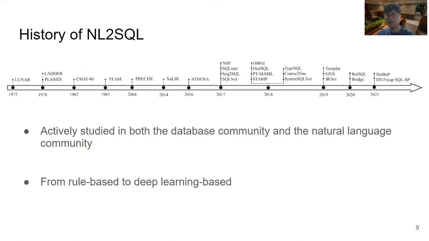NL2SQL has been studied both in the database community and the natural language processing community since the 1970s. Early techniques are rule-based methods, which use mappings and translation rules. Recently, many studies have been conducted by using state-of-the-art deep learning models and algorithms.